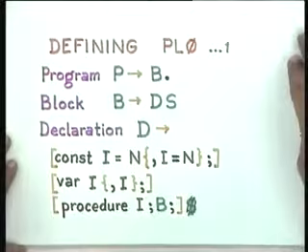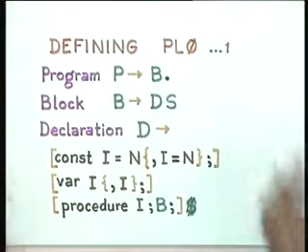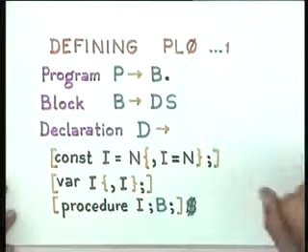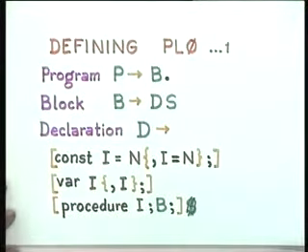Right, so we had this: a program is defined as a block with some syntactic entity like a period. A block consists of a sequence of declarations, possibly empty, and a sequence of statements, also possibly empty.